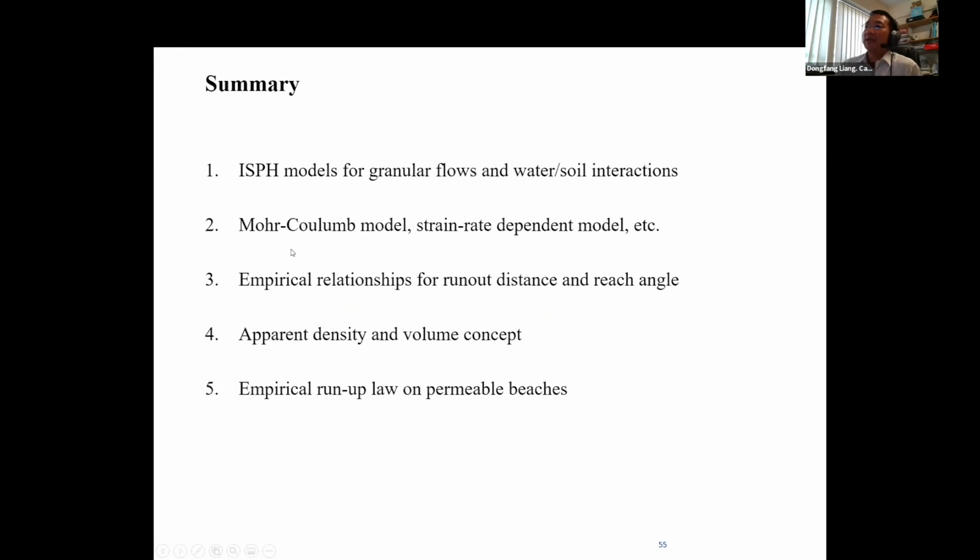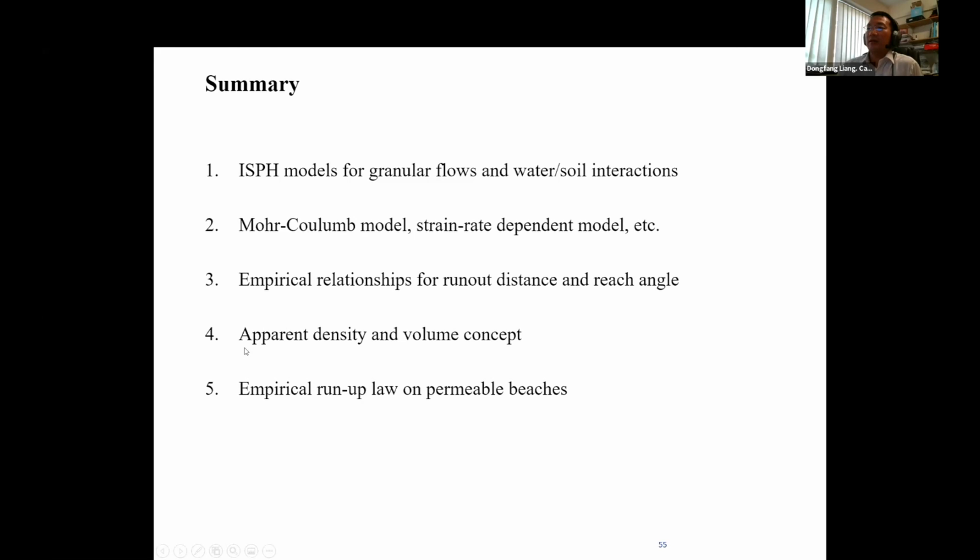For the landslide application, we use various soil constitutive models, including the Mohr-Coulomb model, and also the strain rate dependent model, etc. And we proposed some empirical relationship between the runout distance and the reach angle, which is the angle between the final position of the mass and the initial position of the landslide mass.